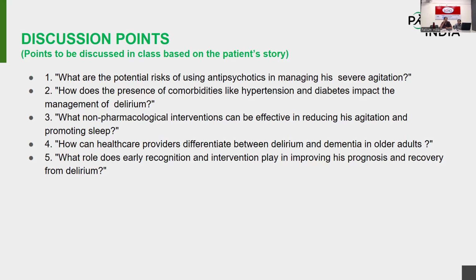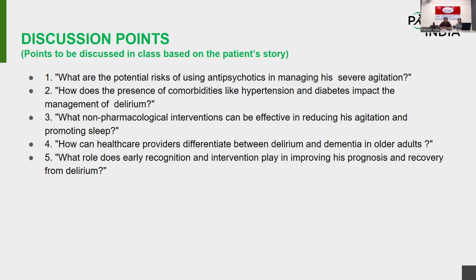Now the second point is: how does the presence of comorbidities like hypertension and diabetes impact the management of delirium? Most of the time these don't have a direct relation with delirium, but most of the time it will be elderly patients. Their immunity will be low.